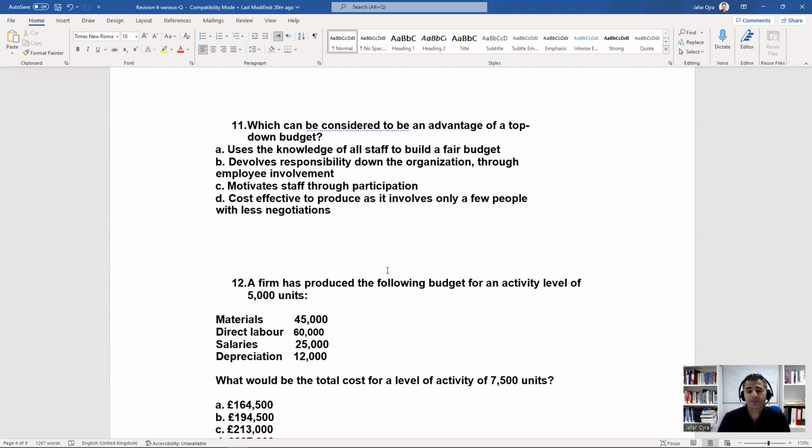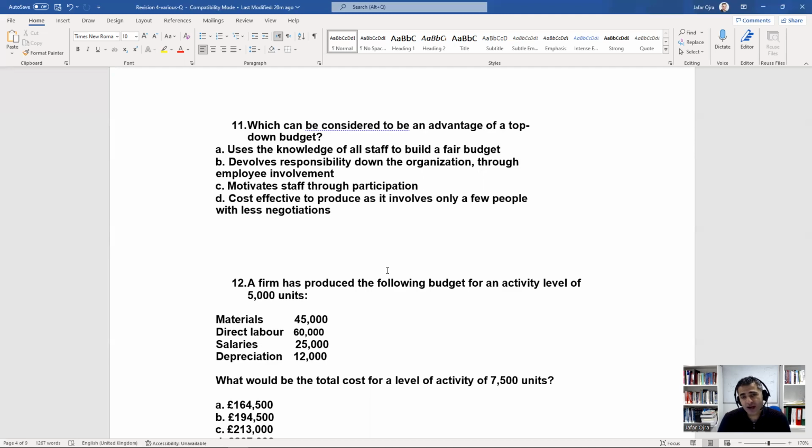The disadvantage, of course, would be that they might not see the whole picture of the organization, and might not give the right strategy for the business. That's bottom-up. The top-down budget is where senior management impose the budget on others.